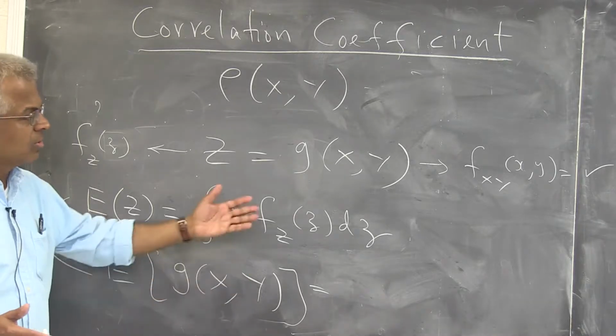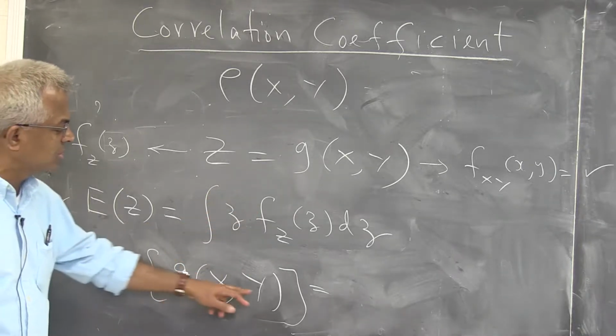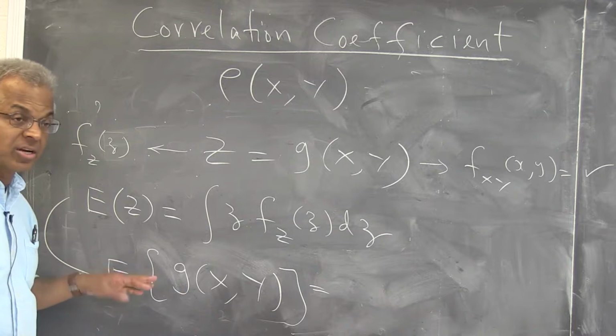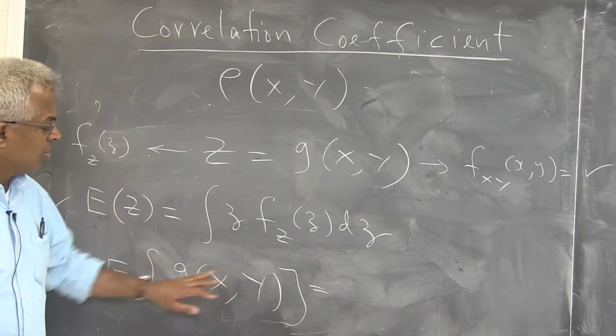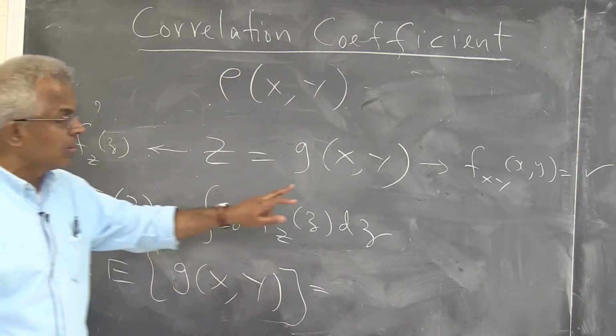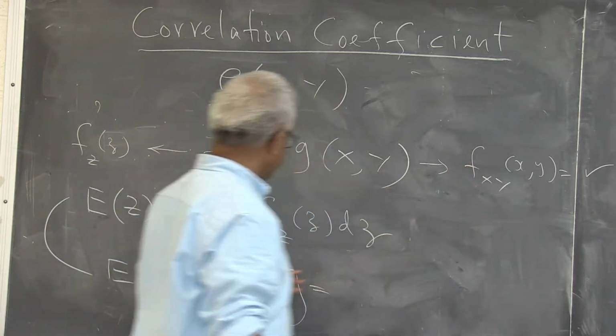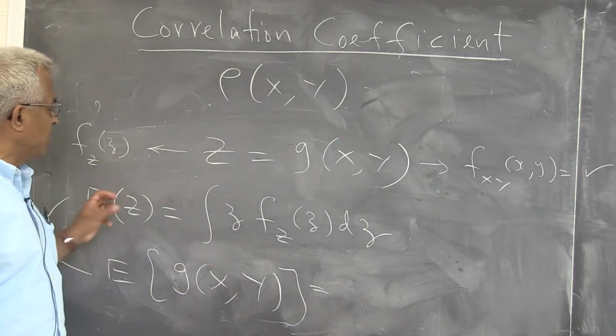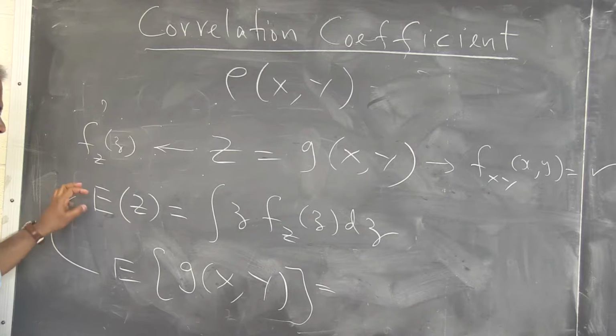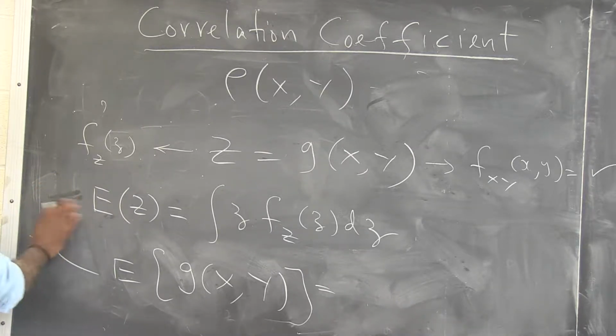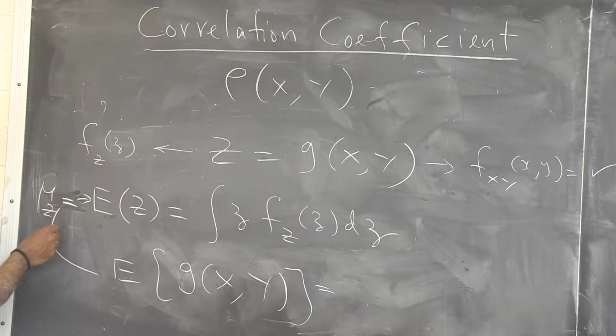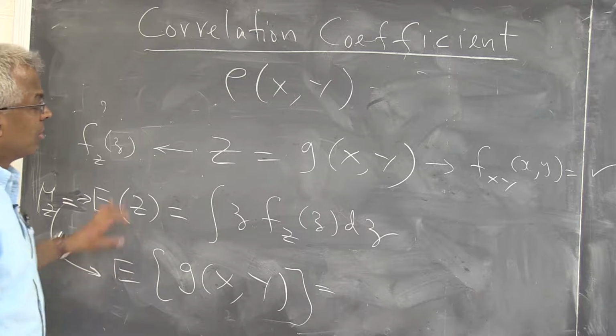You should compute it if you have to. But since expectation is an average value of this function of two random variables, it is conceivable that this quantity, remember after all this is a number, not a density function, like mu z, can be expressed in two ways, both equal.